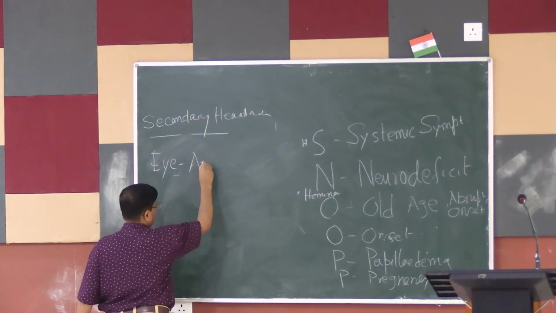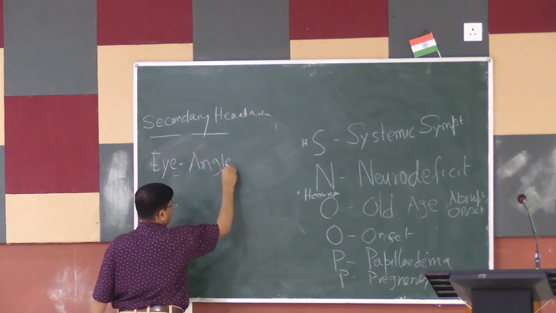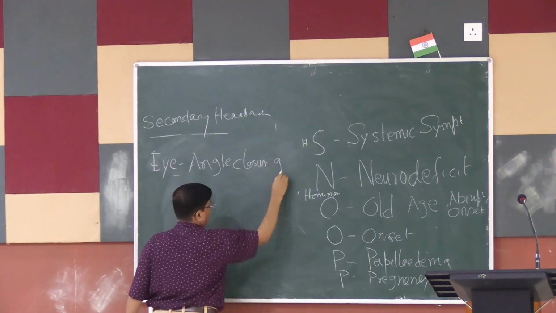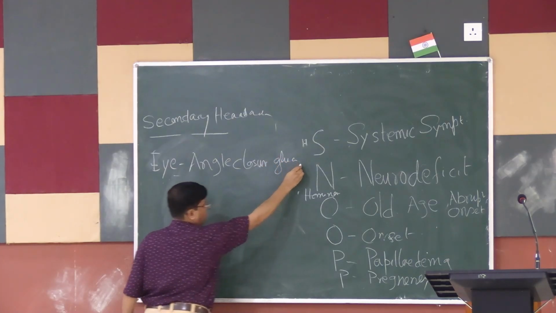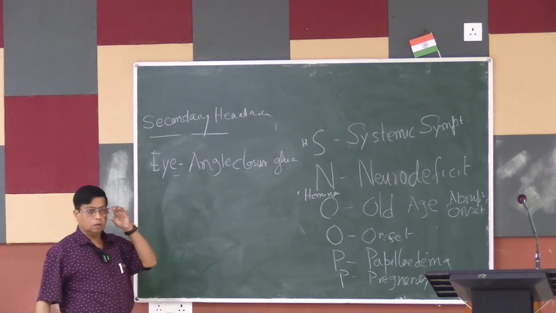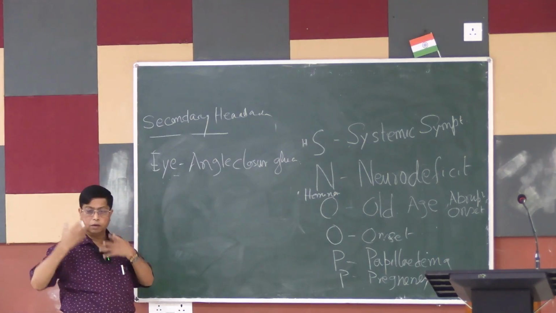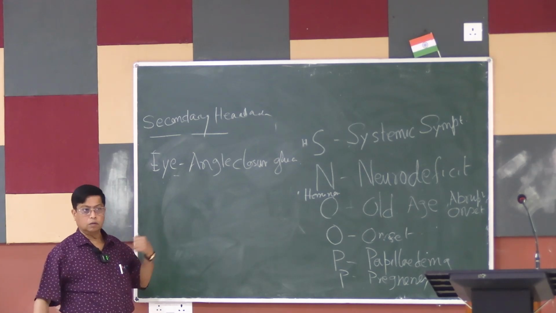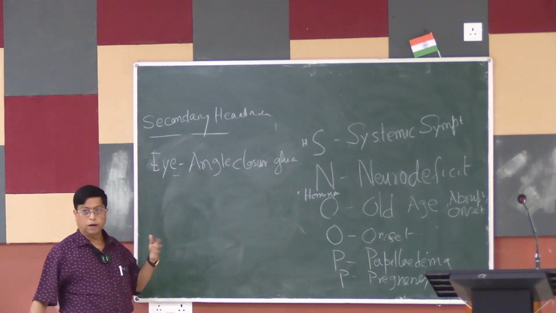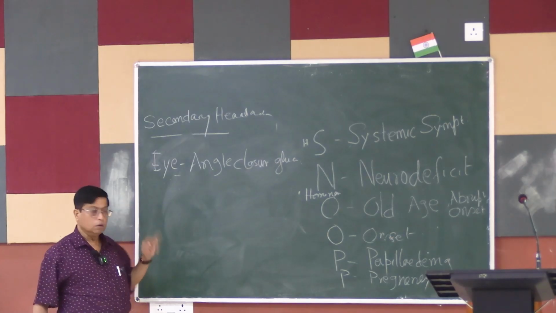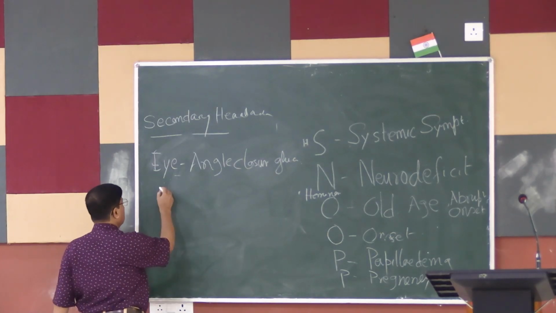In angle closure glaucoma, there is lacrimation, the eye is congested and the pupil is dilated. Sometimes it may cause blindness. So angle closure causes severe headache.